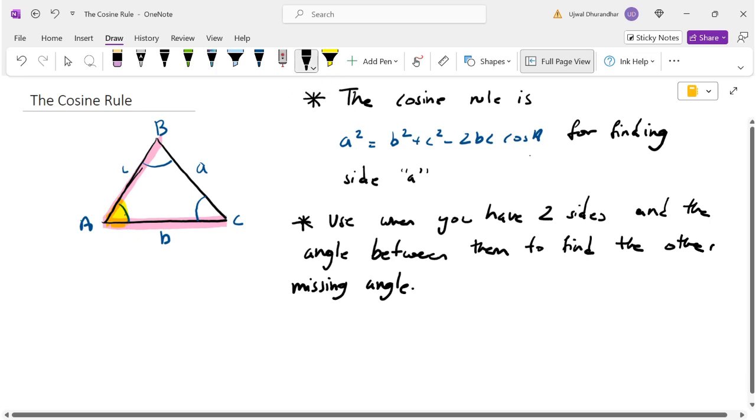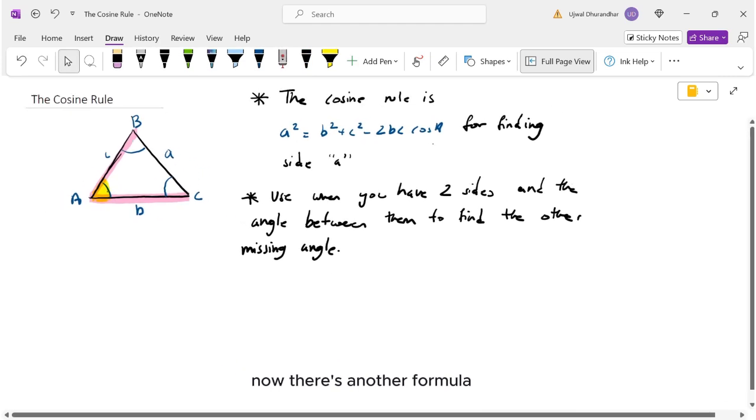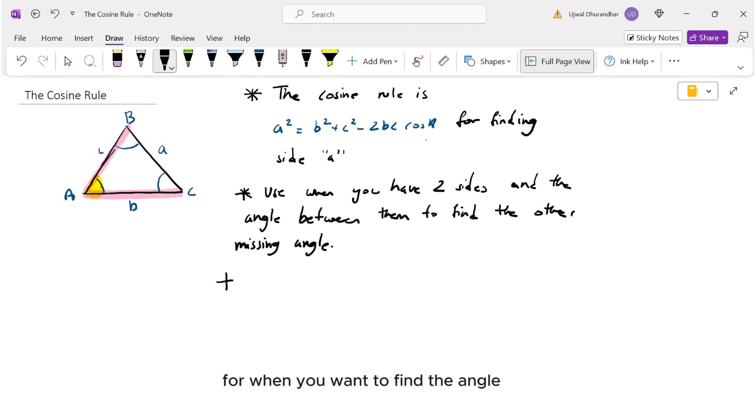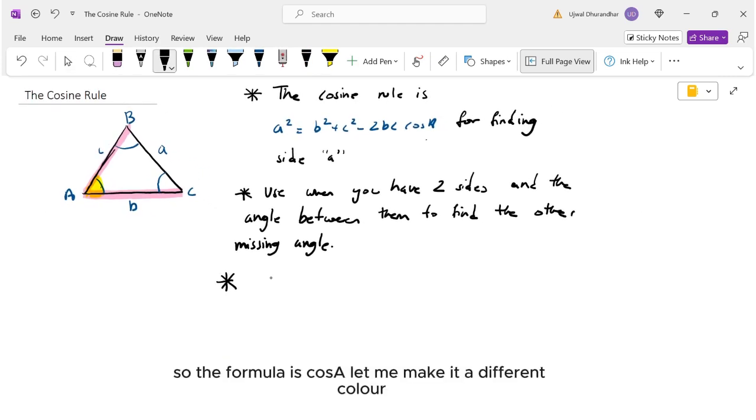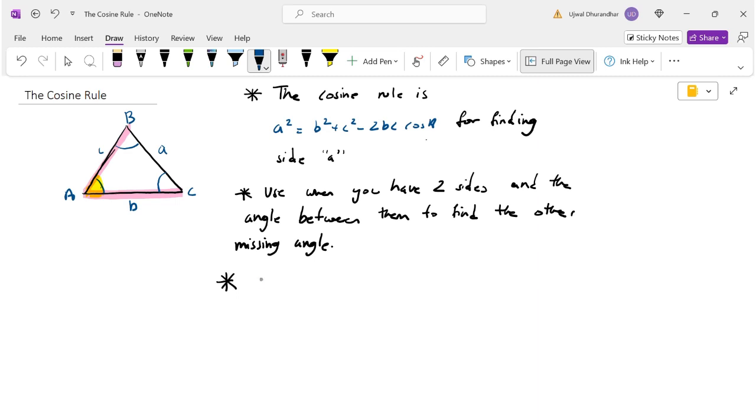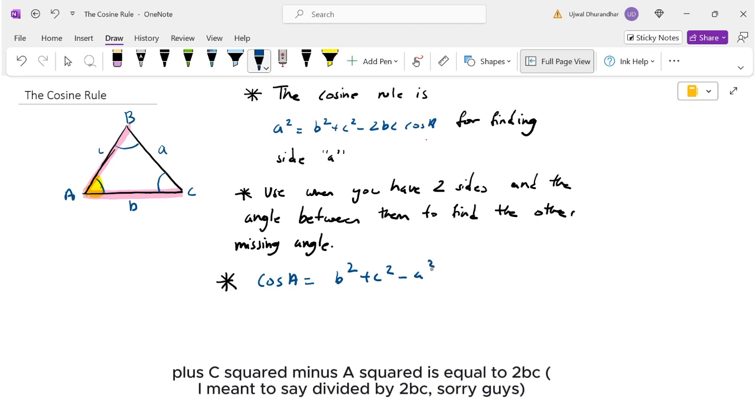Okay, now there's another formula for when you want to find the angle. So the formula is, let me write in a different color, cos A is equal to b square plus c square minus a square, over 2bc.